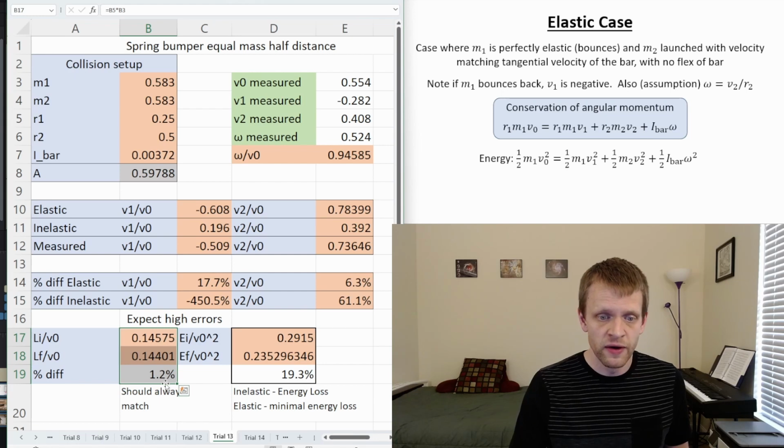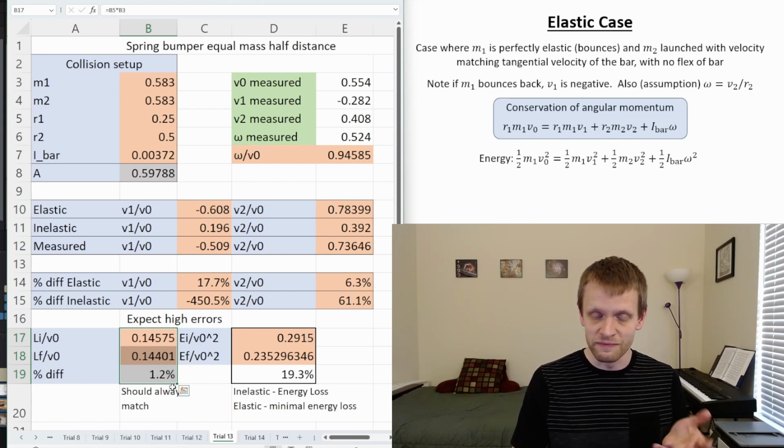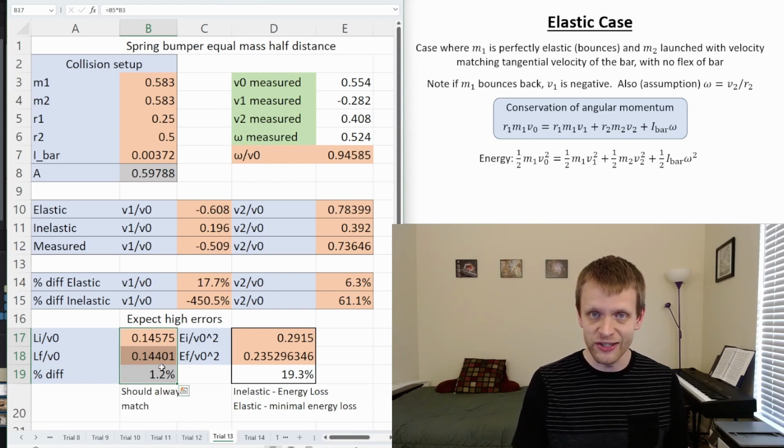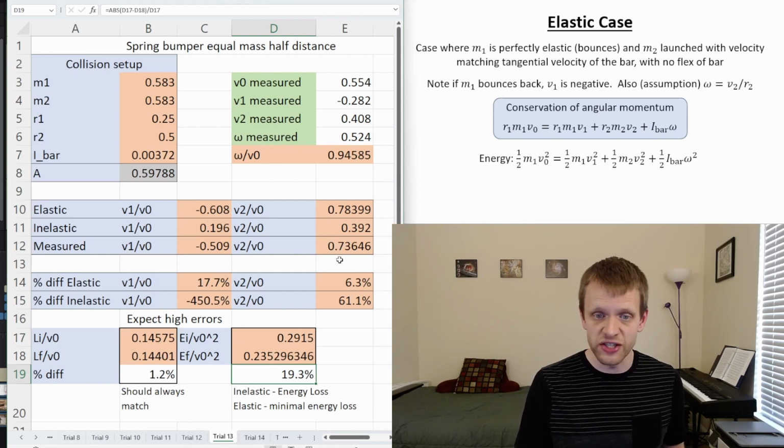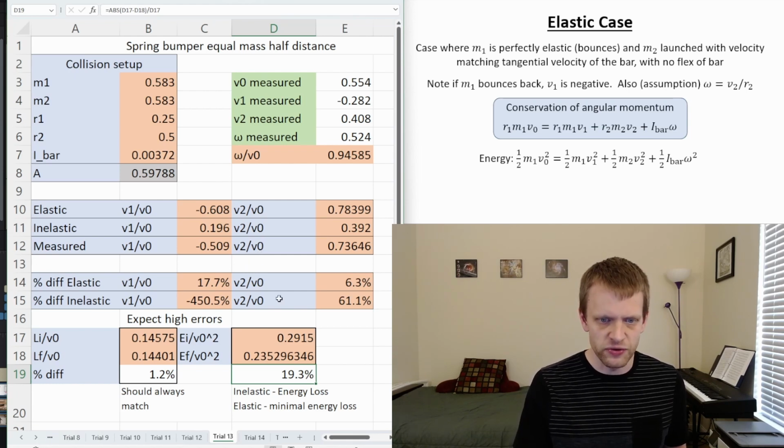Once again, we get a very close match between our initial and final angular momenta, off by just over 1%. And again, a moderate loss of energy due to these springs, but similar to what we've been seeing in all of the other cases. Our velocity ratios are inside the expected ranges and actually pretty close to what we expect from this elastic case. Again, these percent differences in elastic, this is the elastic case, so those don't really apply.